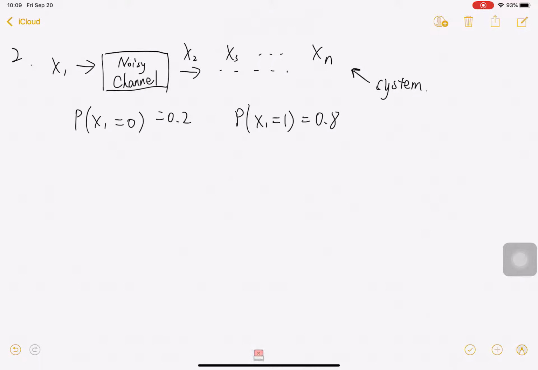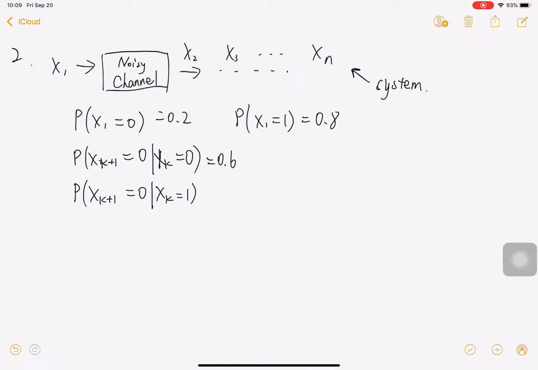So we have the conditional probabilities: the probability of xk plus 1 equals 0 given xk equals 0 is 0.6, and the probability of xk plus 1 equals 0 given xk equals 1 is 0.3.